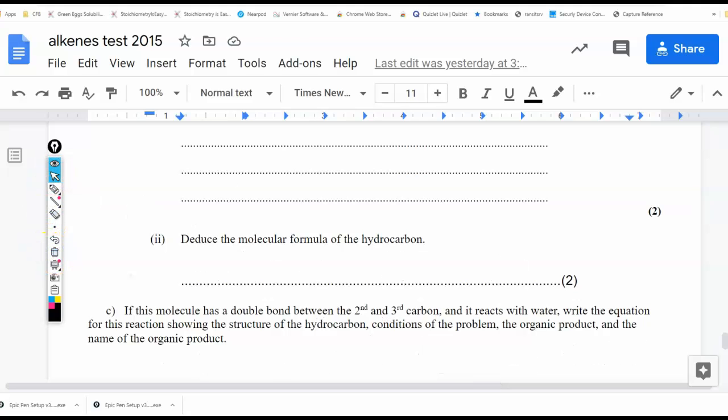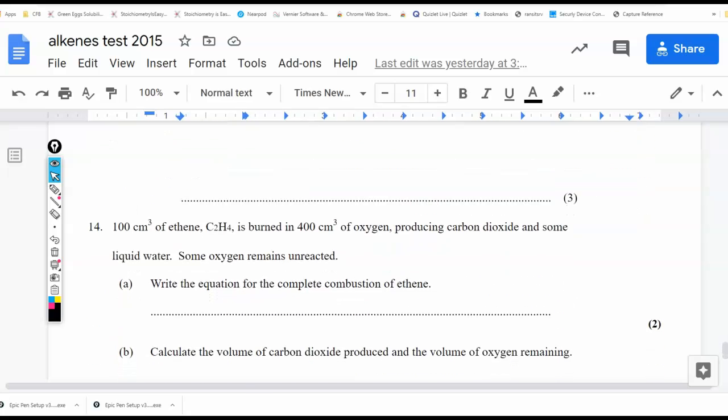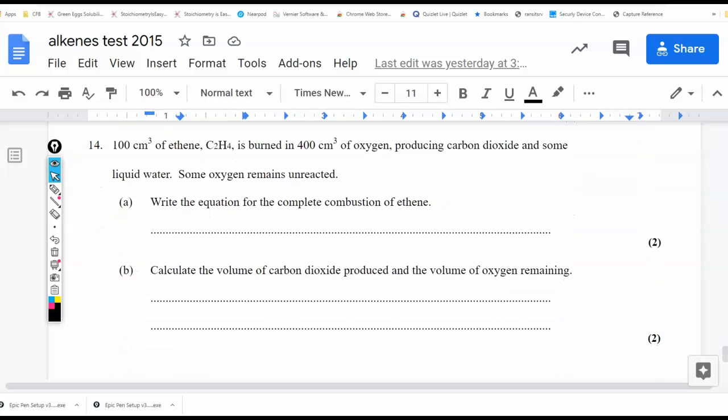All right. Are we at the end? Oh, not quite. Okay. So then this last question, it says 100 centimeters cubed of ethene, C2H4, is burned in 400 centimeters cubed of oxygen, producing carbon dioxide and some liquid water. Some oxygen remains unreacted. So write the equation for the complete combustion of ethene.